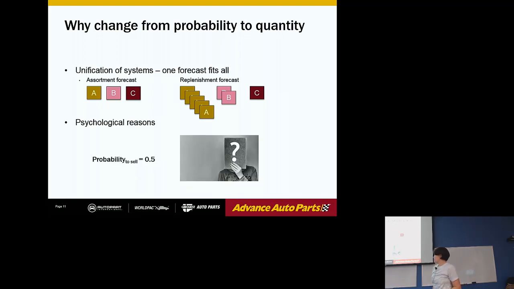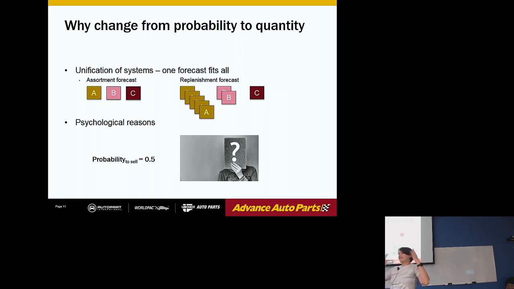Another issue with probabilities was that our users, people who actually worked with the stores, frequently told us that they're not sure what a probability to sell of 0.5 actually is. And we tried to tell them that a probability to sell of 0.5 means that most likely in 2 years that item will be sold. It's actually not exactly true, because that would be true if those two events were independent.